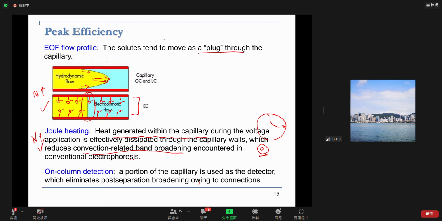For that, you just scratch the coating on the capillary fused silica tube, and a portion of the capillary is used as a detector, which also eliminates the post-separation broadening due to volume or connection. So you can see that this capillary format really improves the peak efficiency in multiple ways. Okay, so this is one thing, and that is why we call CE a high-efficiency separation.